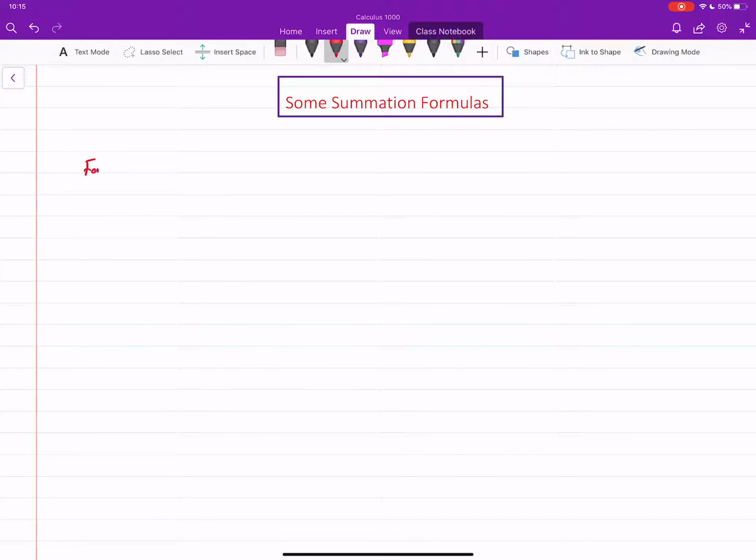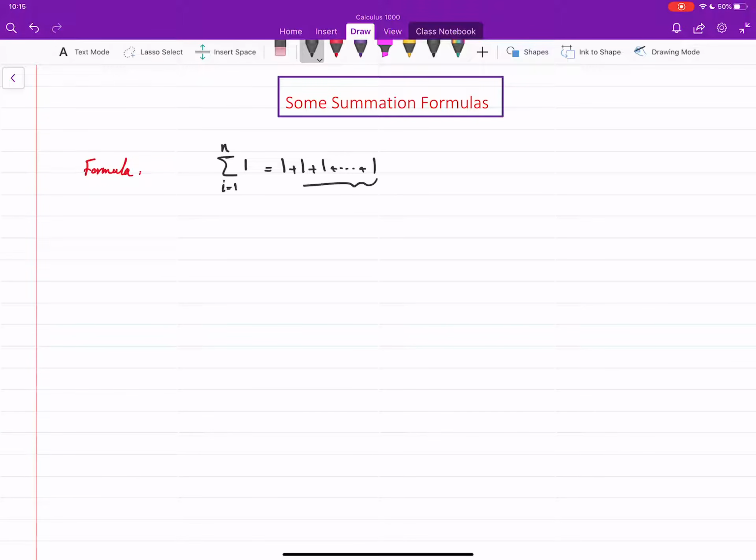Let us start with an easy formula: when you have the sum of 1, i going from 1 to n. What does this mean? It means that you add 1 plus 1 plus 1, as many times as it says, go from 1 to n.